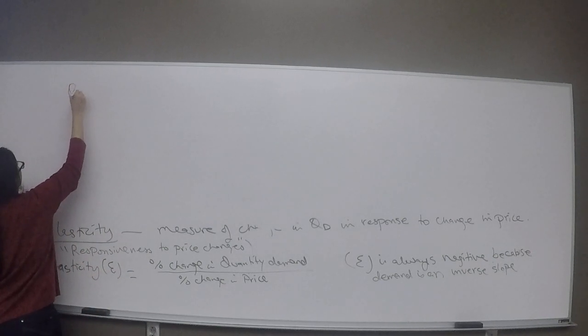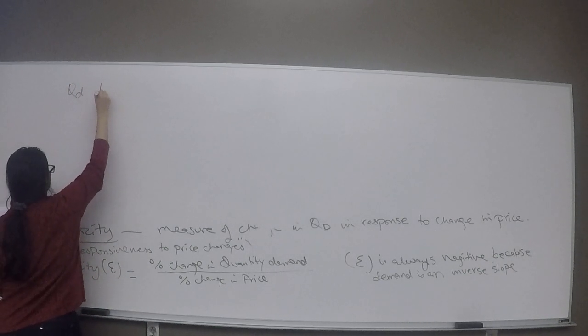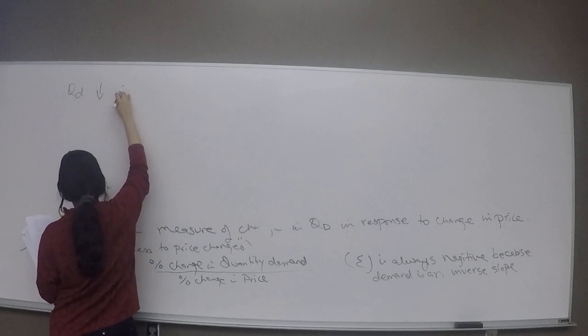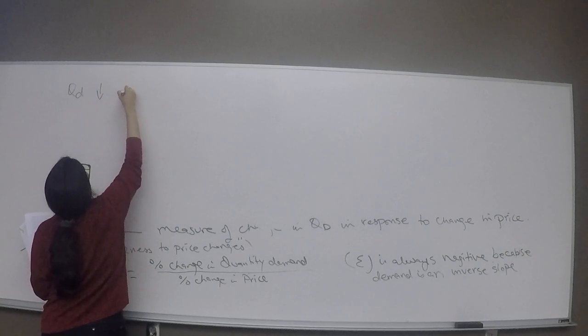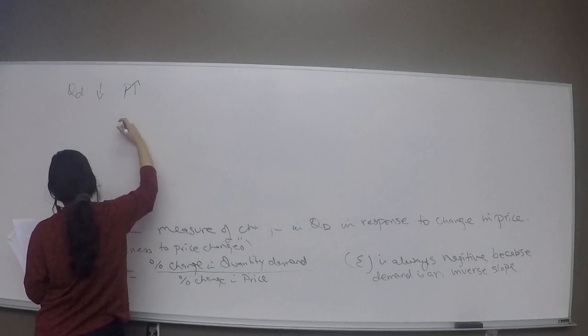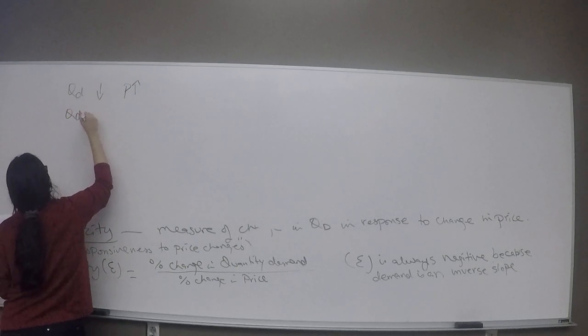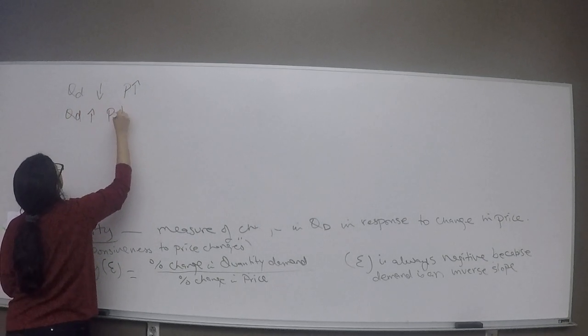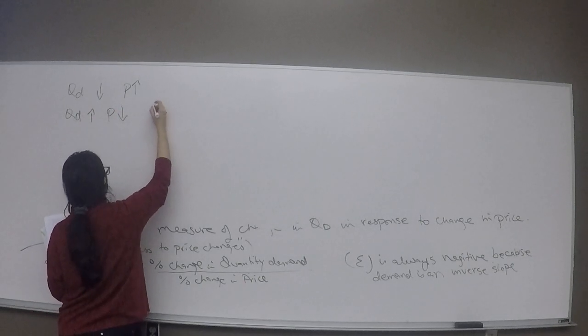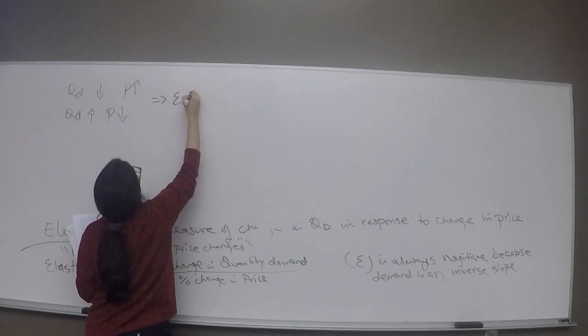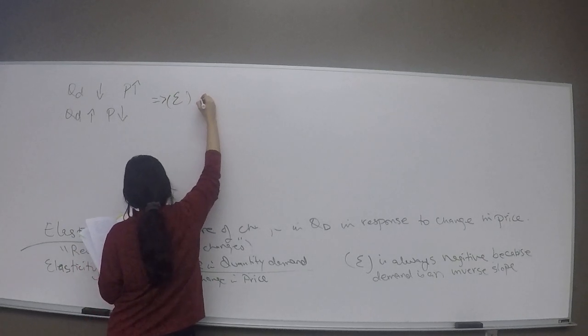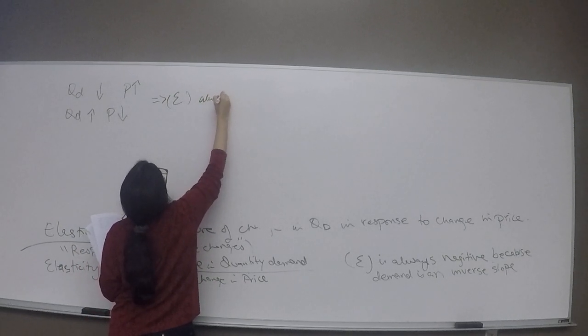So when quantity demand decreases, price will increase. When quantity demand increases, price decreases. Elasticity is always negative.